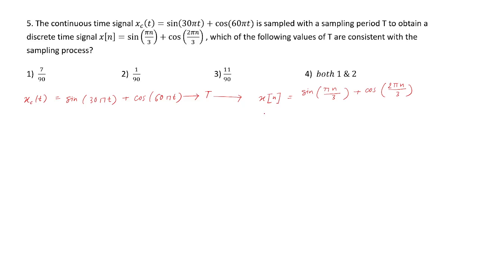This continuous time signal x(t) is sampled with a sampling period T, we get a discrete time signal, very fine. We need to find this T, which is consistent with the sampling process. So how can we proceed?